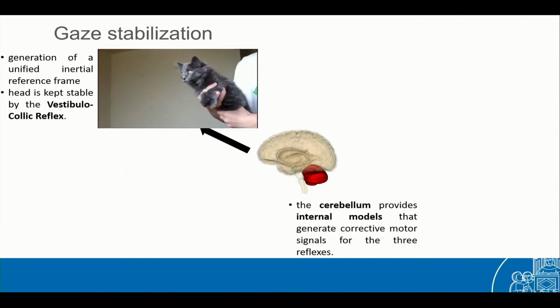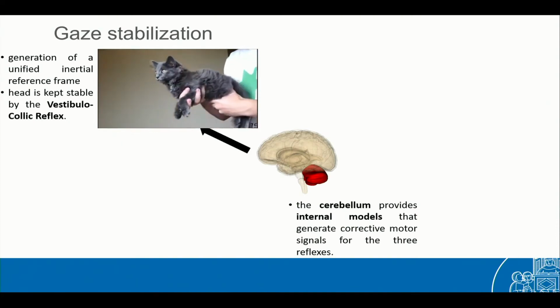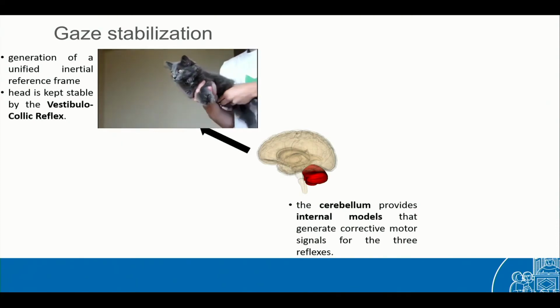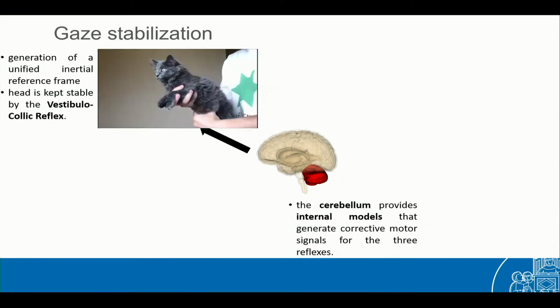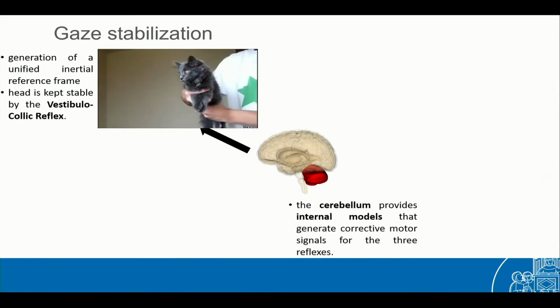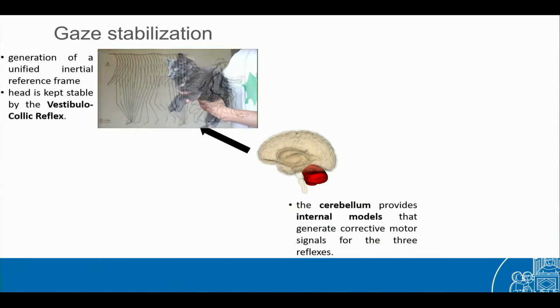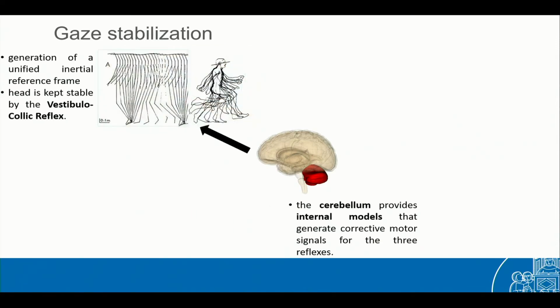The neck can only rotate, so we can reject the disturbances that are due to the rotation, and in order to also reject the translation that happens when, for example, you are walking, the head rotates in the opposite direction compared to the translation that you have.